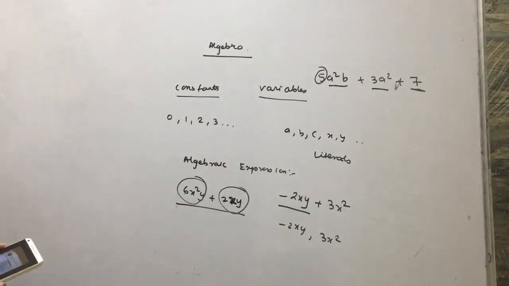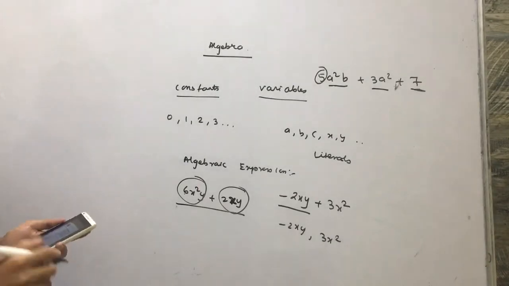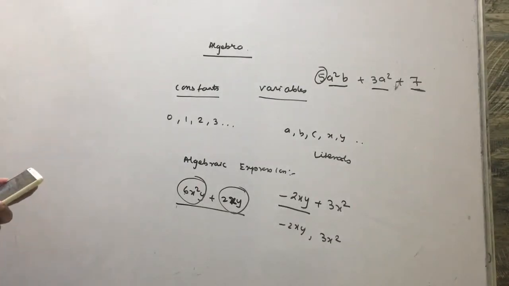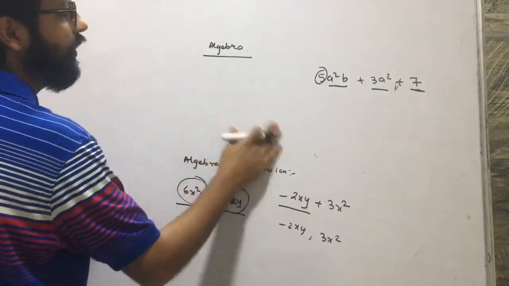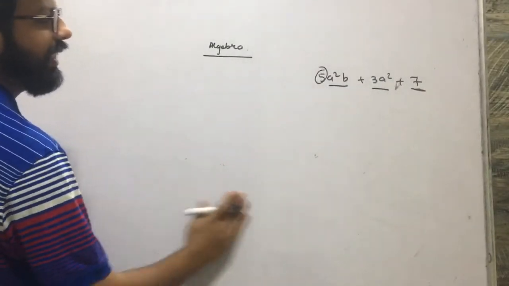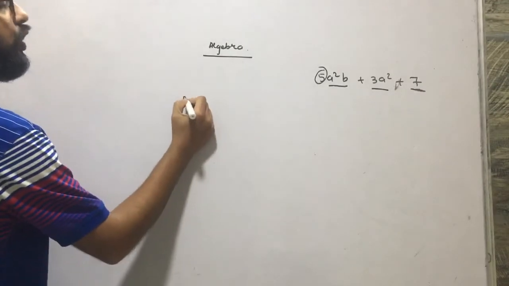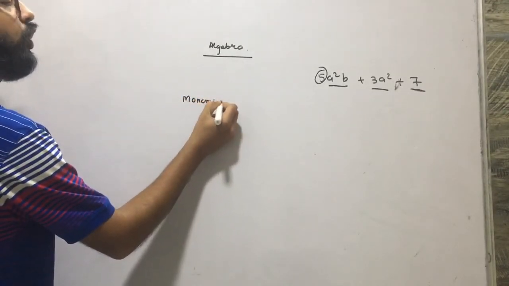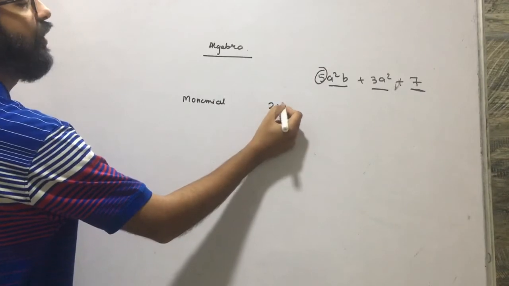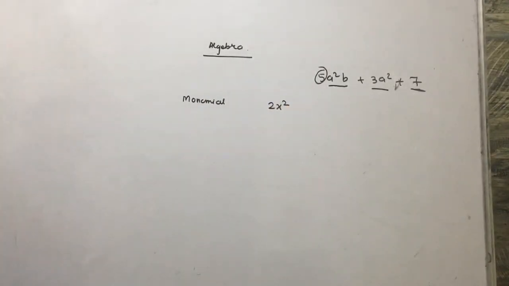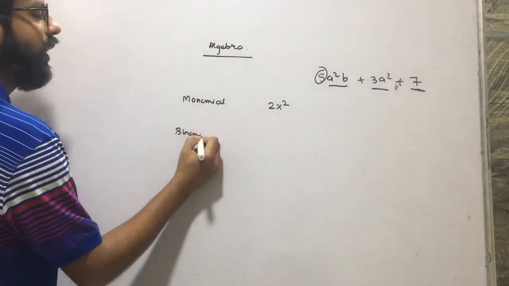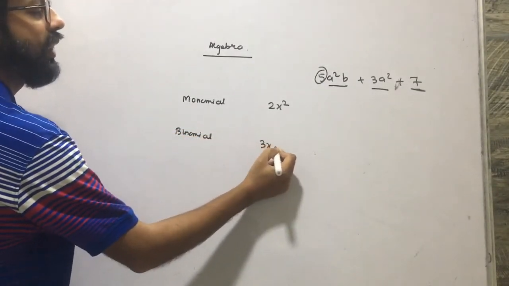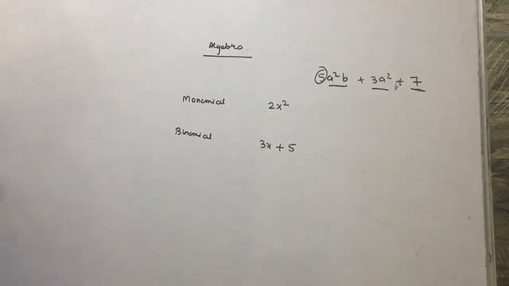As we have studied terms, we will now study different types based on the number of terms. When you have only one term, we call it a monomial. For example, 2x square has only one term, so it is a monomial. A binomial is when you have two terms, for example 3x plus 5.